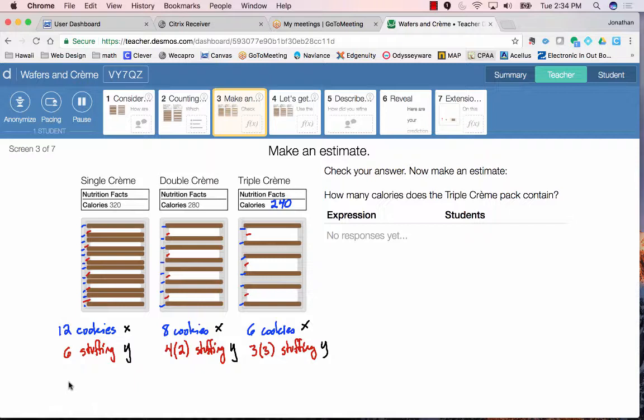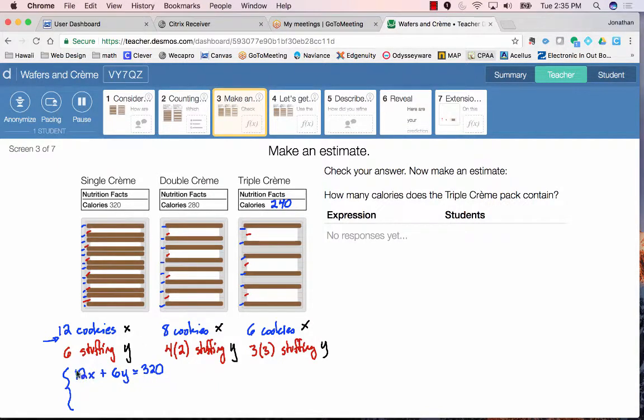Starting with my single cream. We have 12 cookies at X calories plus 6 stuffings at Y calories is going to be 320 calories if I eat all that, right?